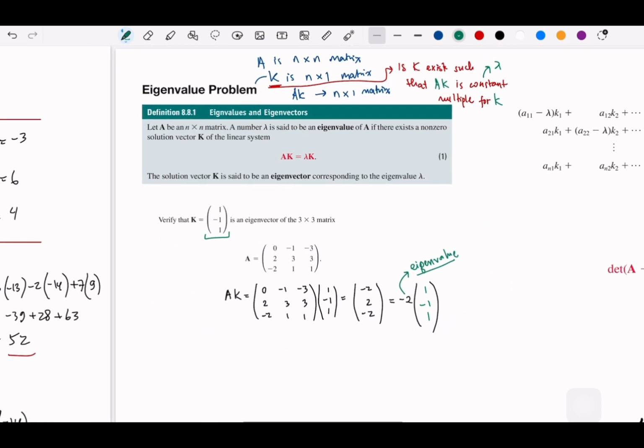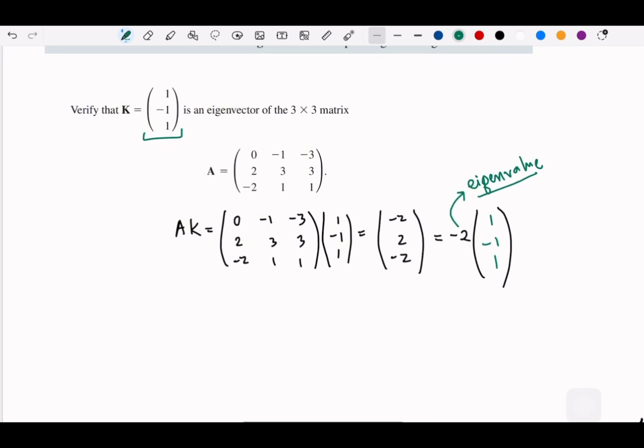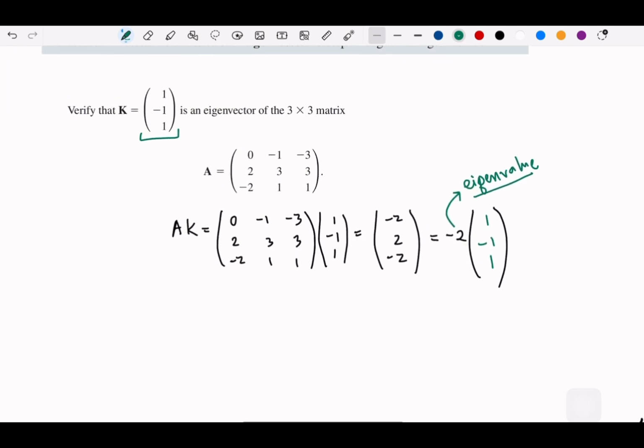Now, if we use the property in our matrix algebra, we are interested in, let's write as A minus the constant eigenvalue multiplied with the identity, okay, which equals 0.